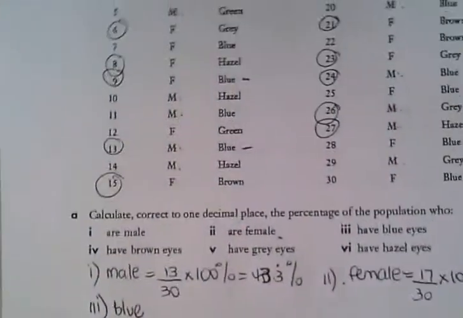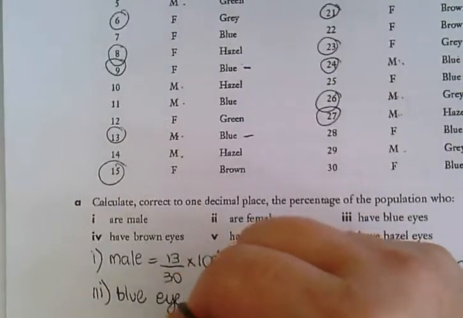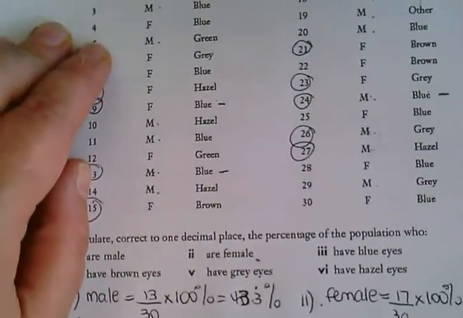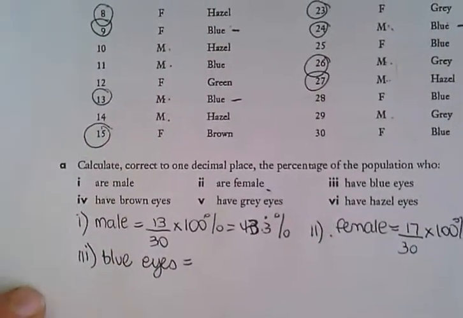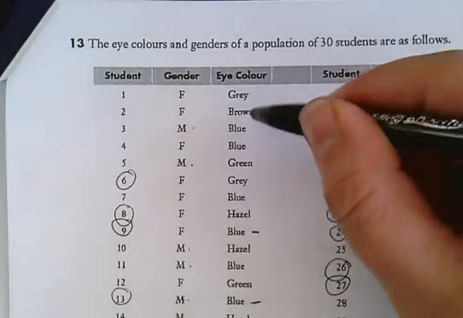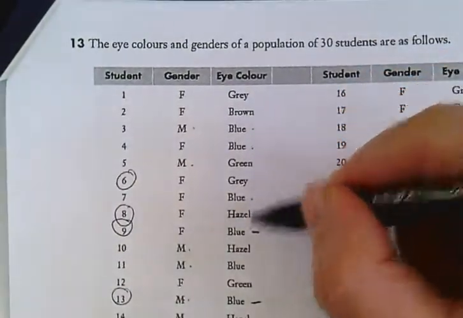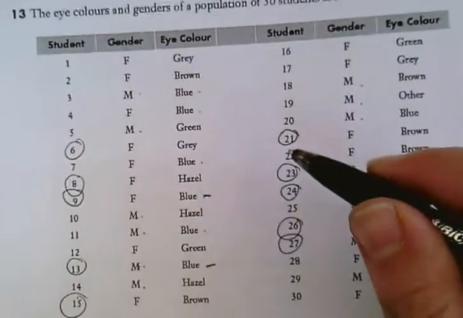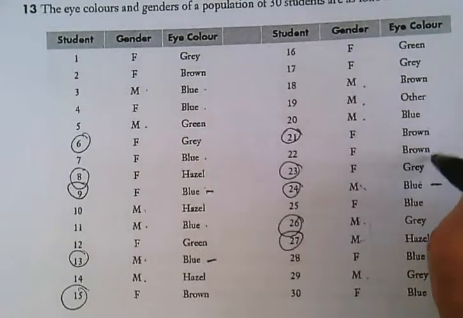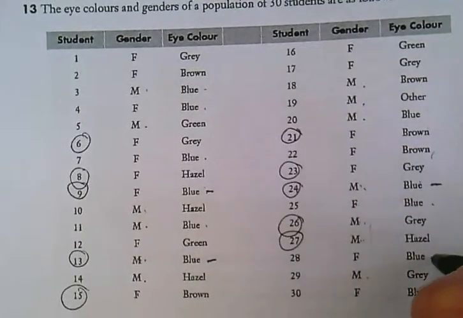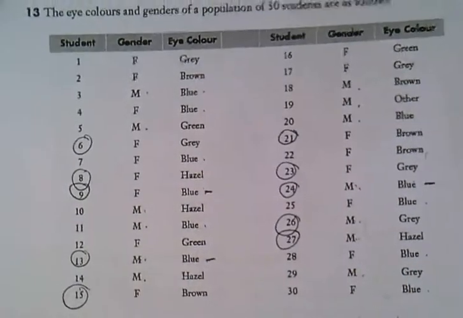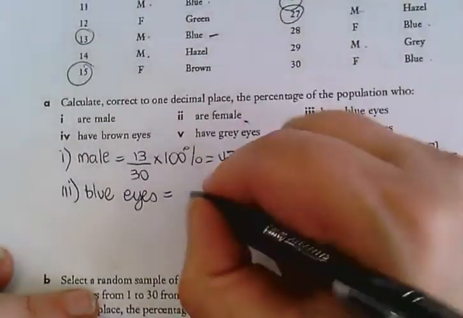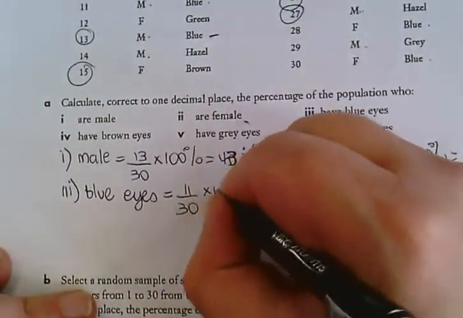In the entire population, if I work out the percentage with blue eyes, I need to count all of the blue-eyed people. So what have I got? 1, 2, 3, 4, 5, 6, 7, 8, 9, 10, 11. In the entire population, 11 out of 30 have blue eyes.